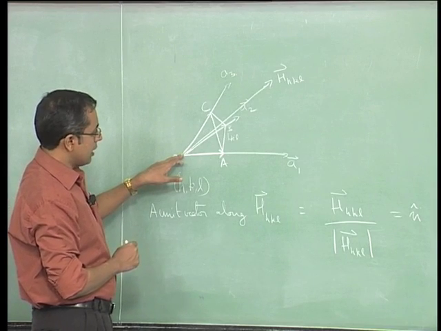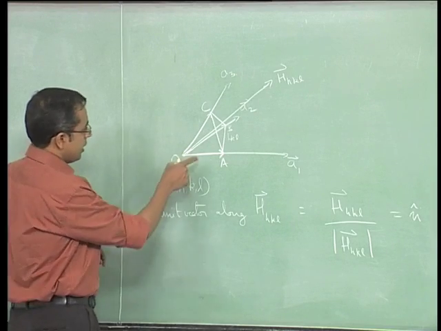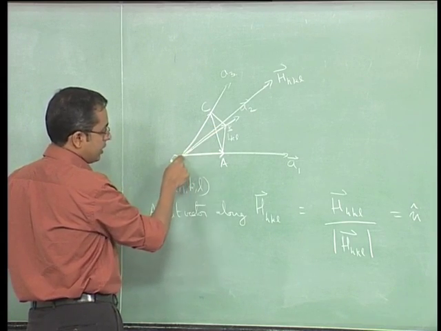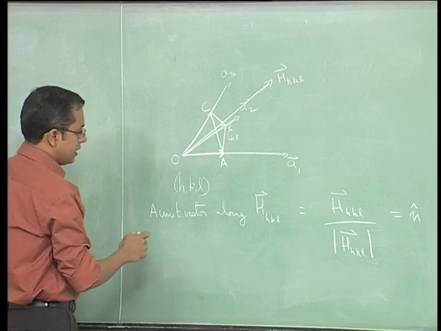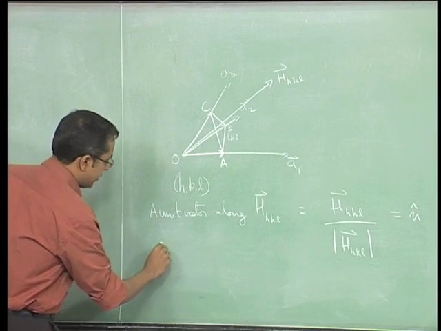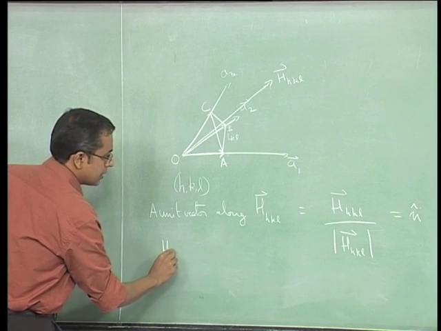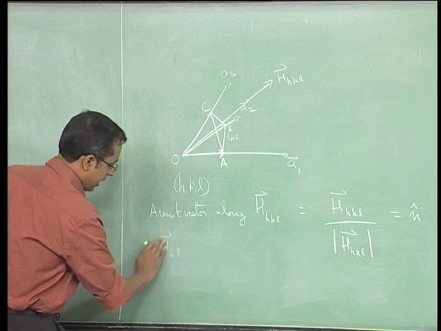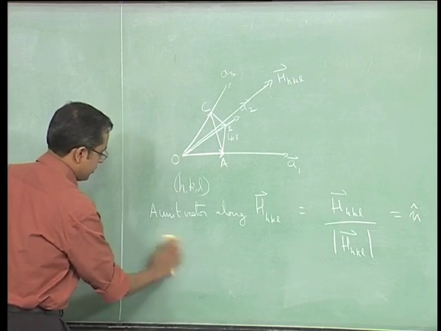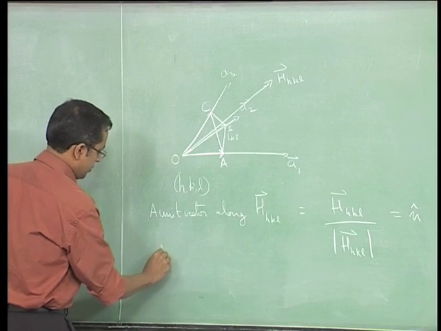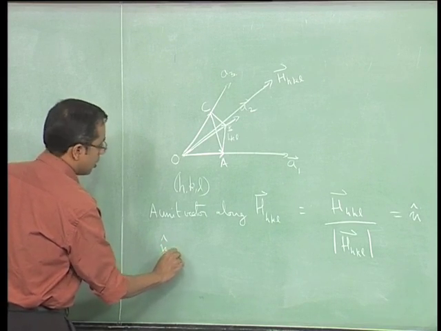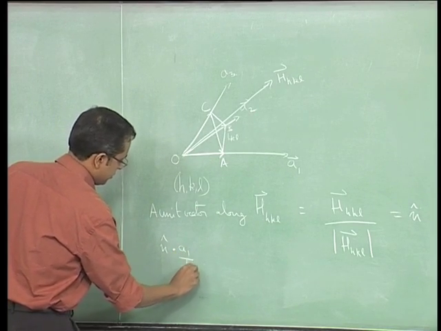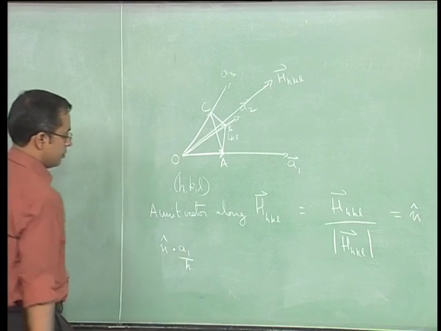So if you look at the distance between the plane and the origin, we can write that by saying HHKL or n cap dot A1 by H.